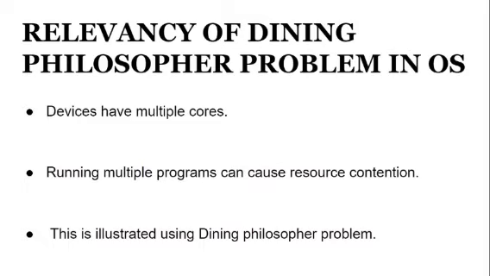When there are multiple programs running inside these devices, they can lead to something called resource contention. What does resource contention mean? It means that when different programs try to access the same resource, this may lead to resource contention, which may eventually lead to a no-progress state, which we call deadlock, where both of the programs come to a halt and there is no progress.